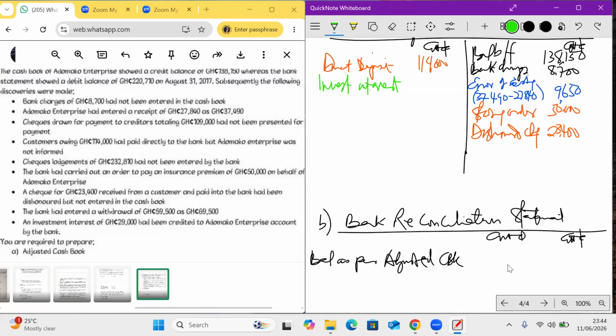Interest received is the same as the investment interest. Commission received, all those received items go to the debit side. So we have 29,000. Are we done? Okay, let's go. The credit has the higher total, so let's close it off.